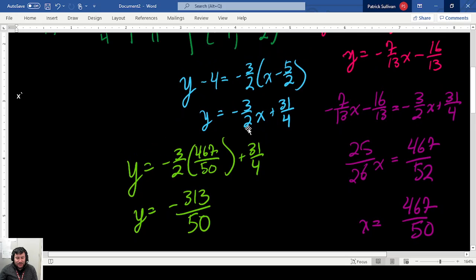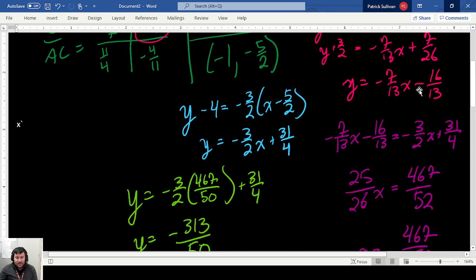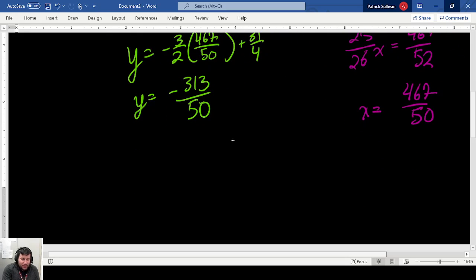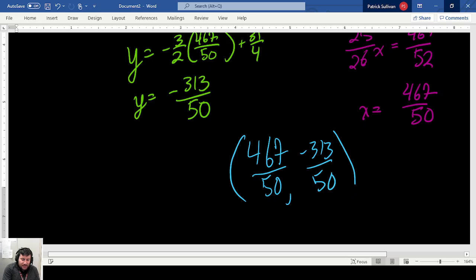I chose the equation in blue, but you very well could have chosen this one. And I plug it back in to get my y value. So the circumcenter is 467 over 50, comma, negative 13 over 50.